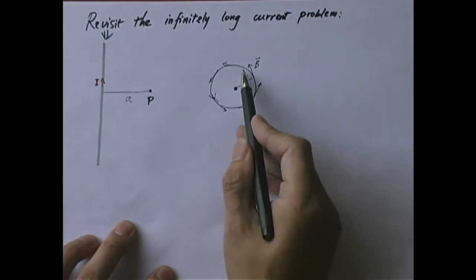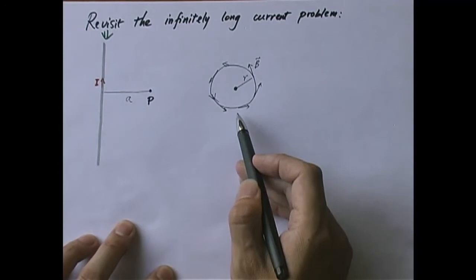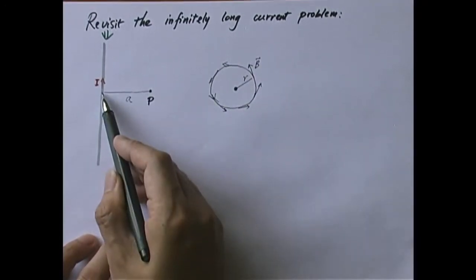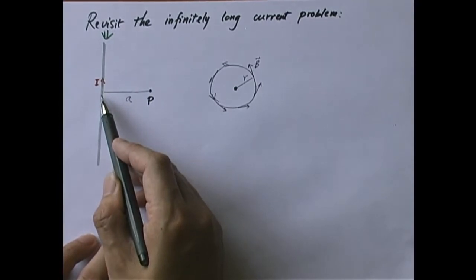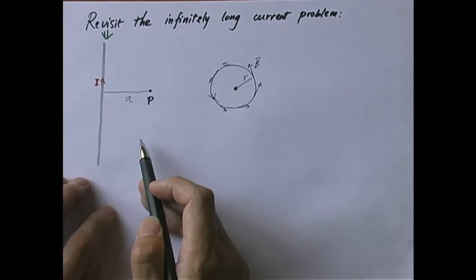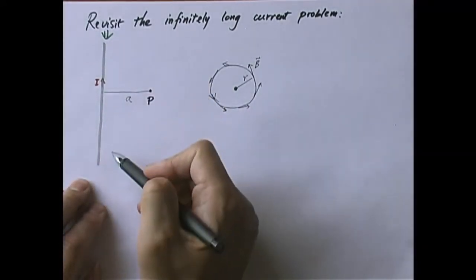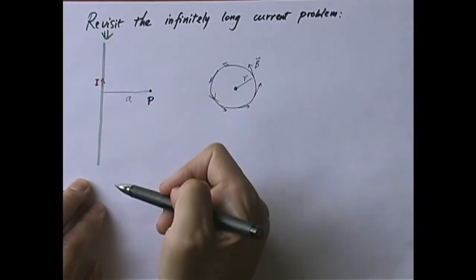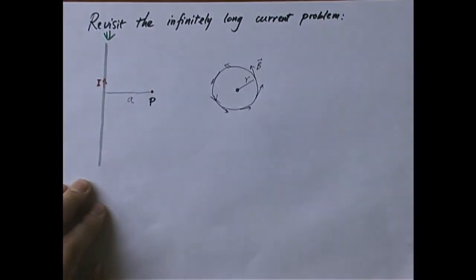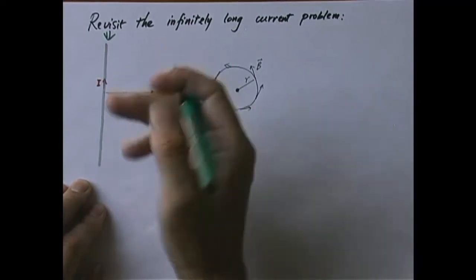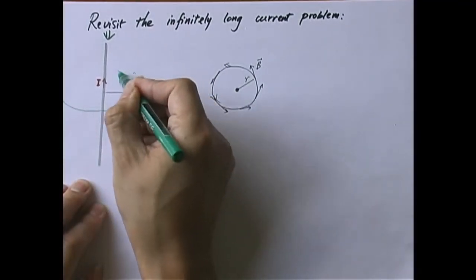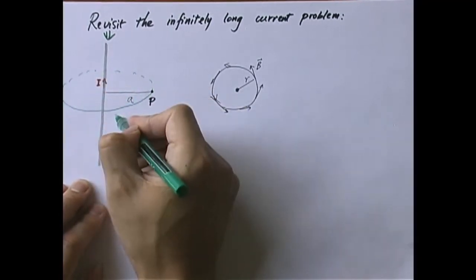How about picking, as you suspected, a circular loop centered right here. The plane of that circle will be perpendicular to the current, so the current really is on the axis of symmetry of that circle. We're going to choose a circular loop like this. That would be the choice of an Amperian loop.